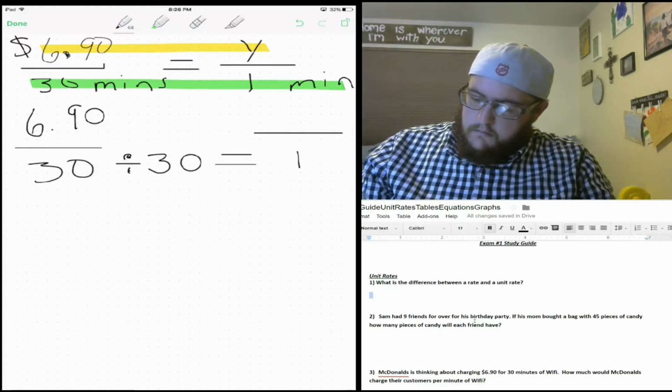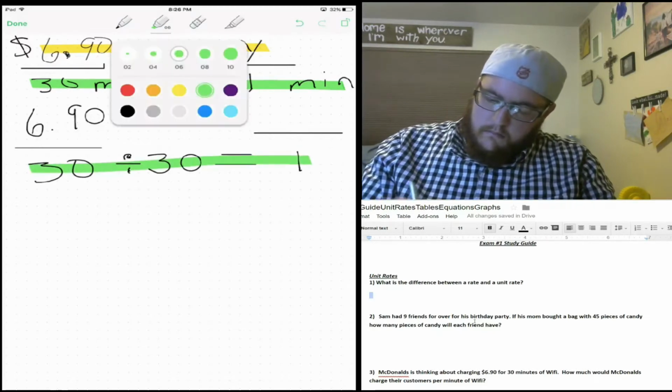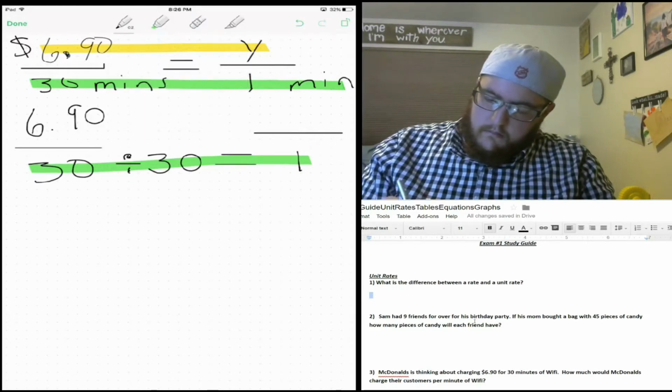Now, in order to change 30 to 1, we must do 30 divided by 30, which will give us 1. And we'll highlight that green because that's our minutes.